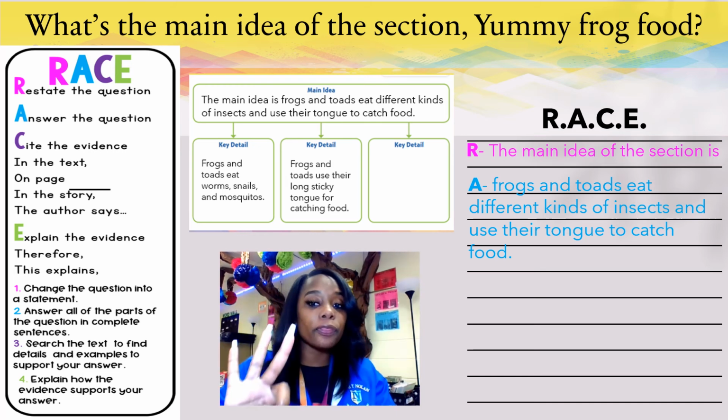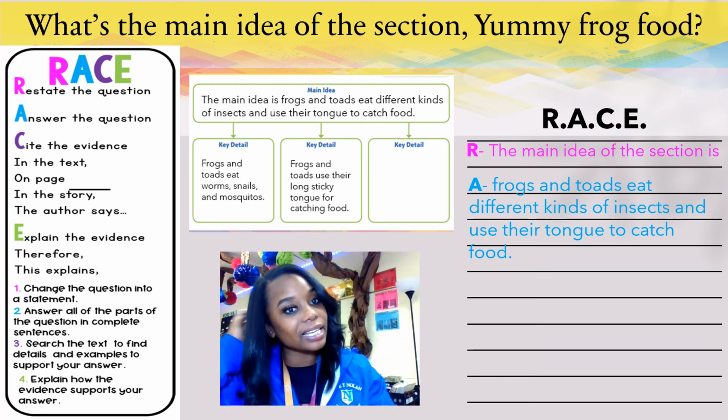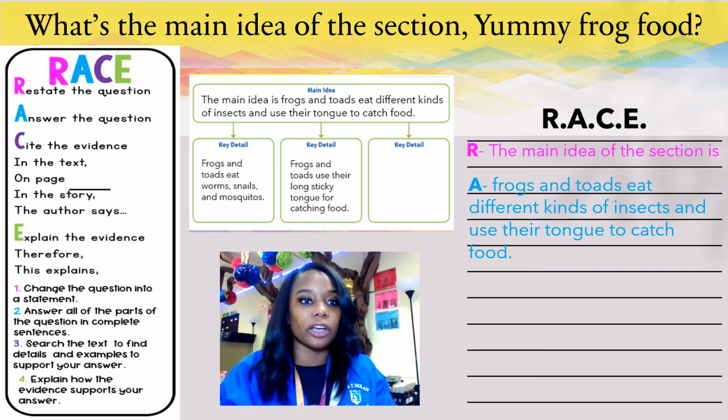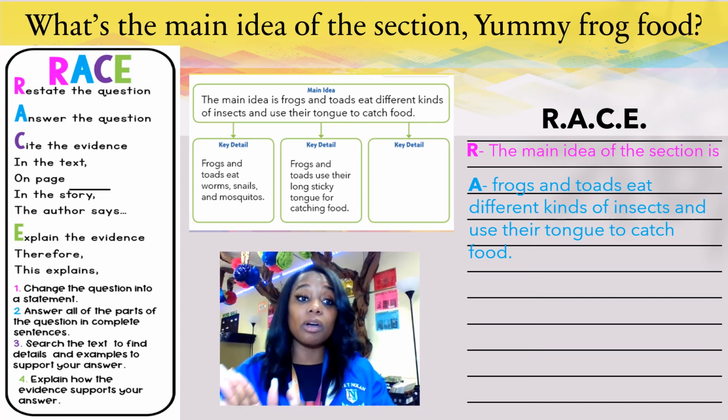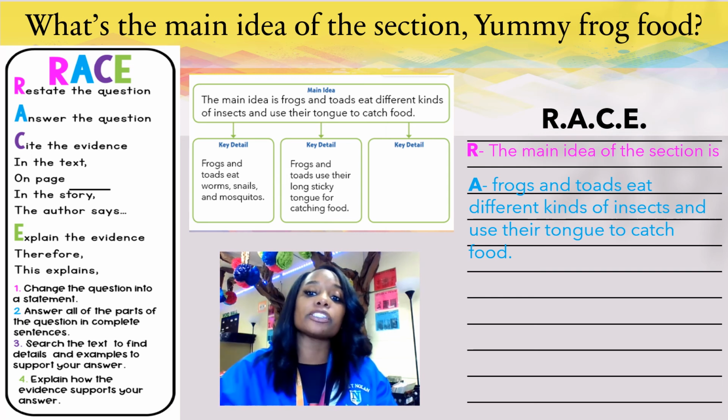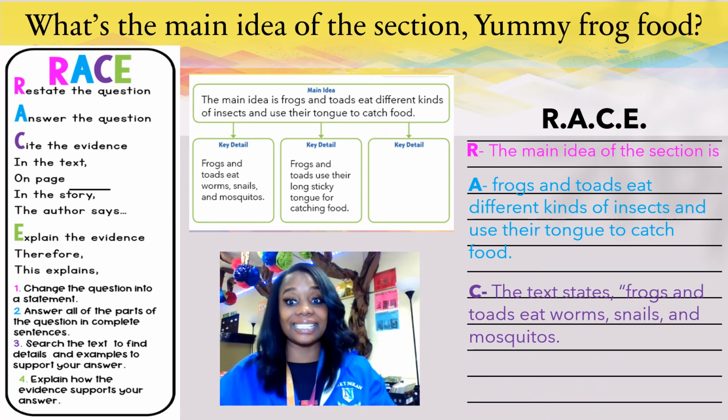Now, our third part of RACE, our C, cite the evidence. We're going to use sentence starters. For example, look over to the left of the screen. We can say in the text, on page blank. In the story, the author says, and we can also use the text states.